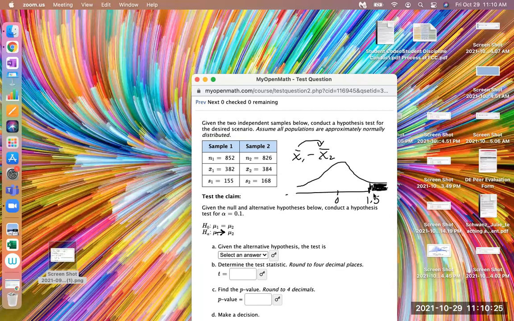And just so you know, when we draw this picture, the value that I put that marks where the shading begins, that used to be our lower bound, is the t statistic. In previous problems in chapter 9, the number along the x-axis that cut off the shading was the sample mean or sample proportion itself.